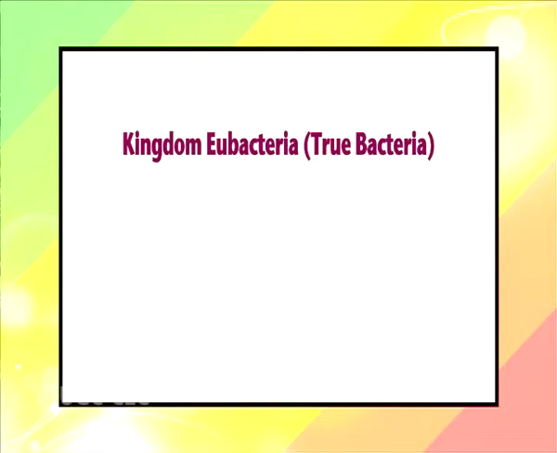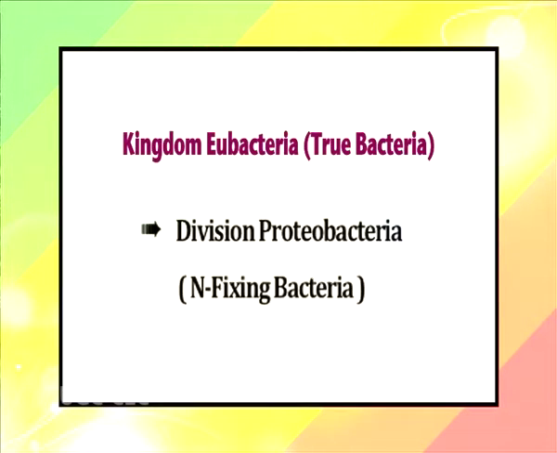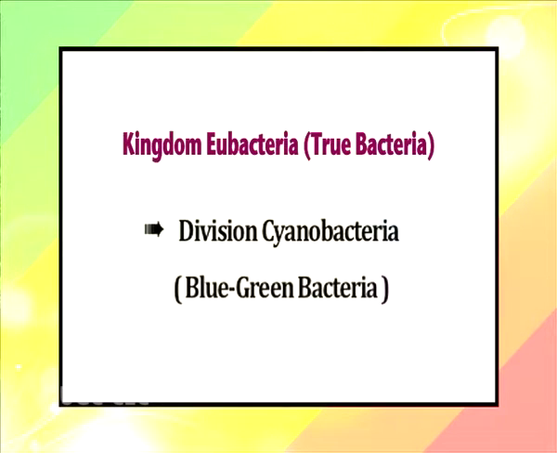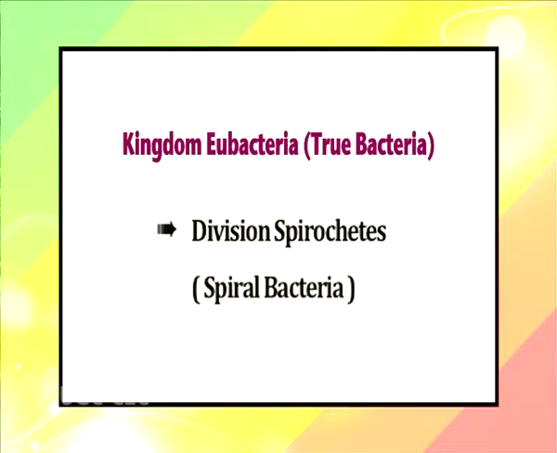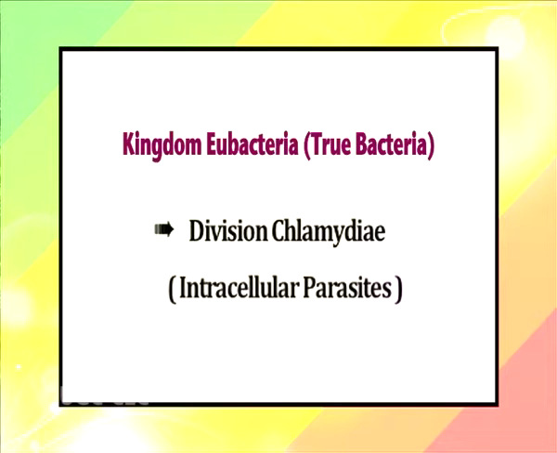It includes kingdom Eubacteria, which are true bacteria, and which in turn includes the division Proteobacteria, which are nitrogen fixing bacteria, division Cyanobacteria, which are blue-green bacteria, division Eubacteria, which are true gram-positive bacteria, division Spirochetes, which are spiral bacteria, division Chlamydia, which are intracellular parasites.